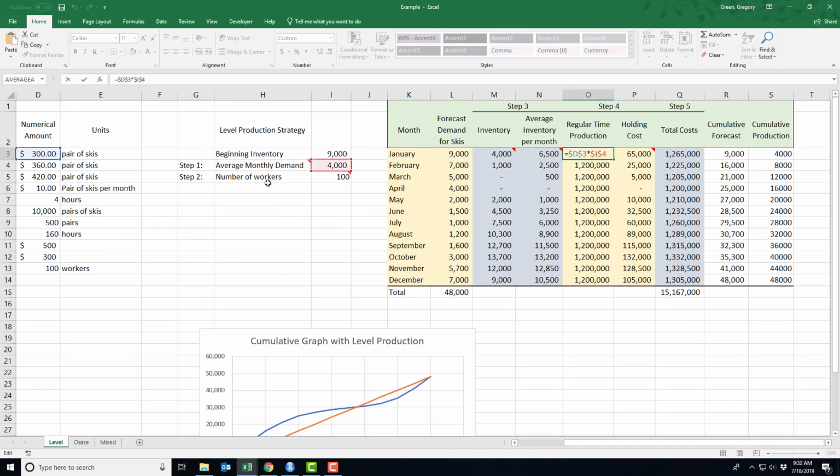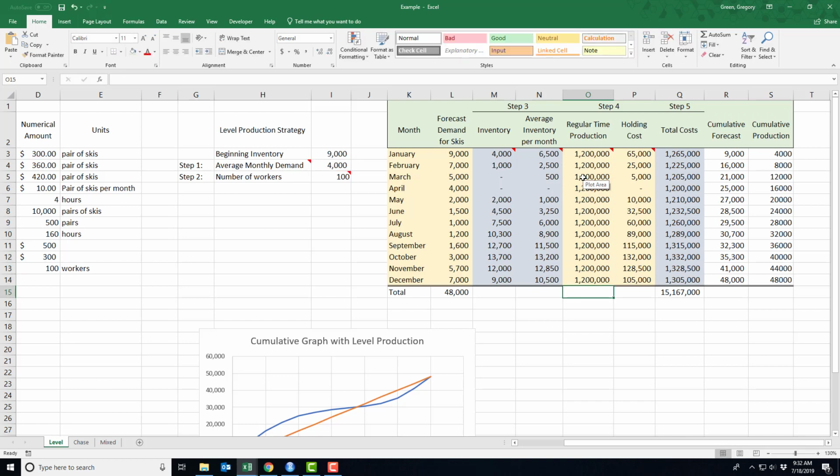So I have a reference to a $300 labor cost per pair of skis. Each month I'm producing 4,000 pairs of skis. So the production cost is the $300 per pair of skis times the 4,000 skis being produced. And notice this is the level part. So this labor cost is the same month after month after month after month.